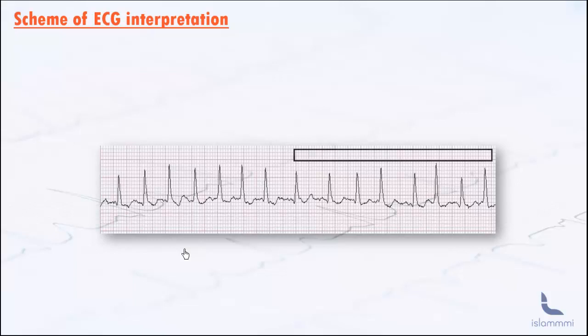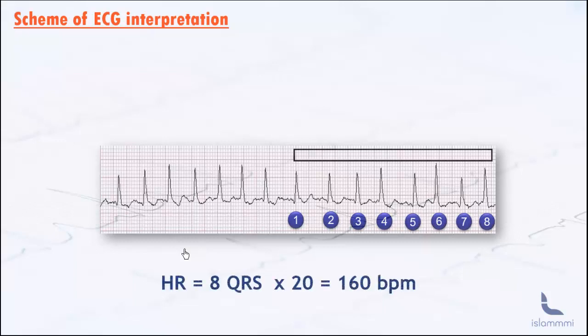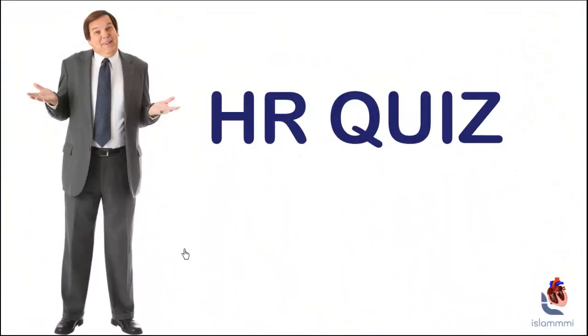So 8 QRS in 3 seconds. As we see here, I'm counting with you on the screen. If we multiply by 20, this will give you the heart rate in 1 minute. So what is the heart rate here? 160. So this is the second method you have to use in case the heart rate is irregular.